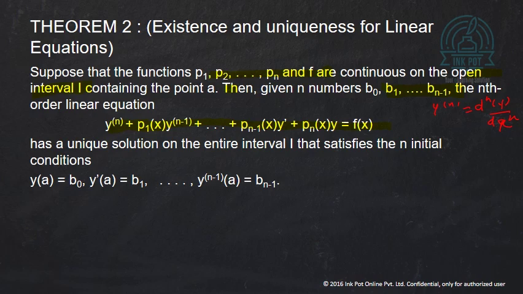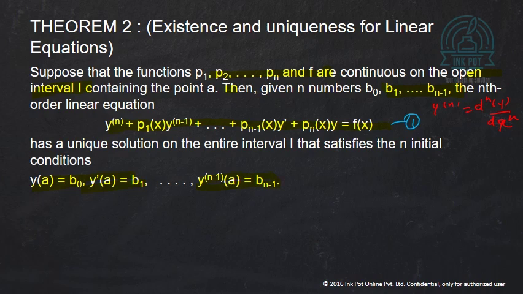So the theorem says that this equation has a unique solution on the entire interval I which satisfies n initial conditions: y(a) is equal to b0, y'(a) is equal to b1, until y^(n-1)(a) is equal to b(n-1).